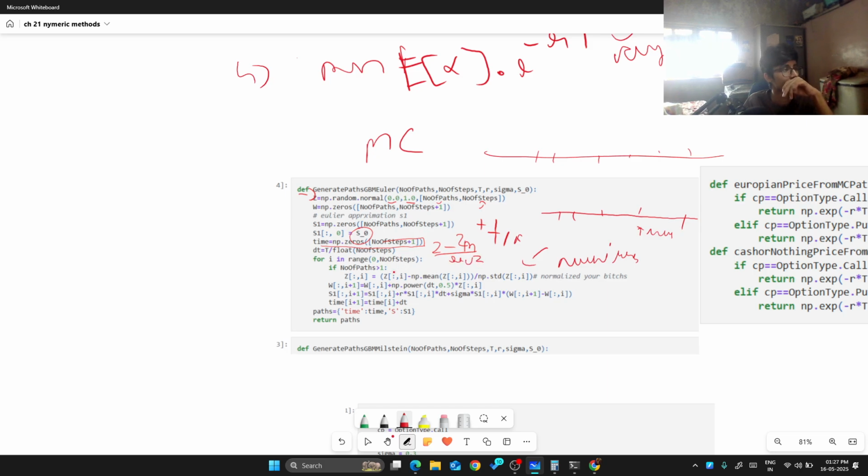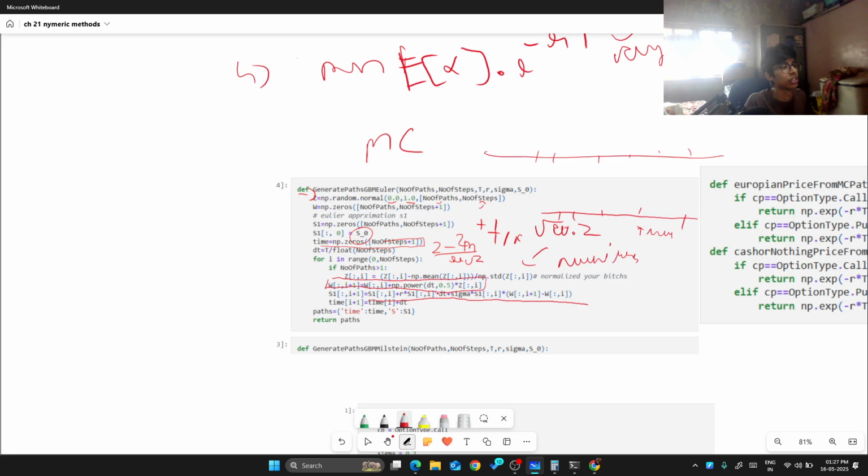And then the Brownian motion, this is our Brownian motion, dt times z, right? And then S1, this is our geometric Brownian motion.